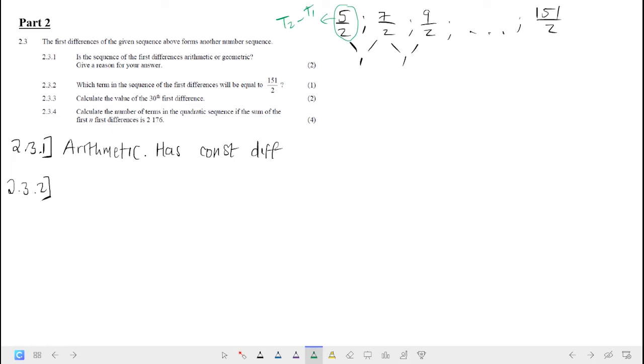And when we did that, this gave us 5 over 2 as term 1, right? What about 7 over 2? 7 over 2 was the same thing, we took term 3 minus term 2, right? And that gave us term 2, right?